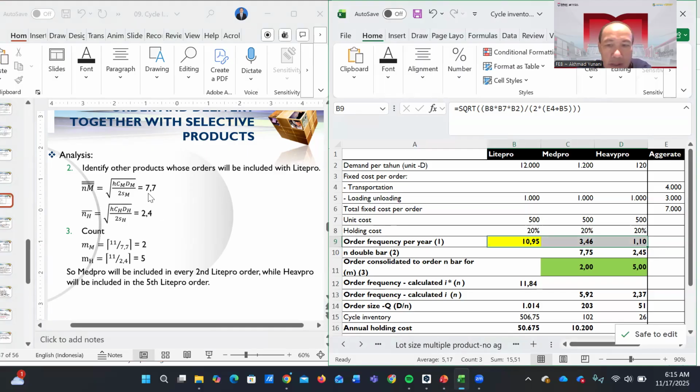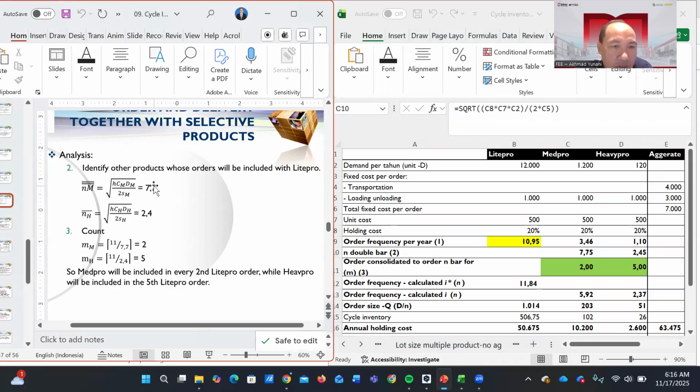Okay, N double bar here for Matte Pro. Square root of little h times Ci times Di divided by 2 times Si.